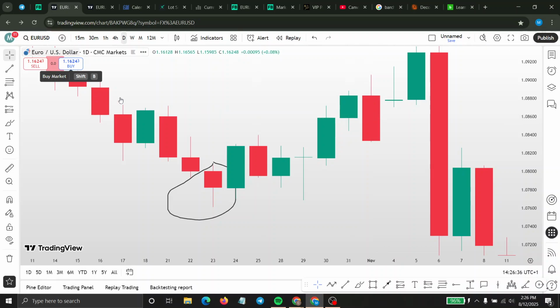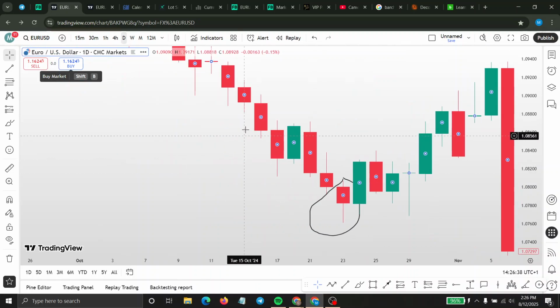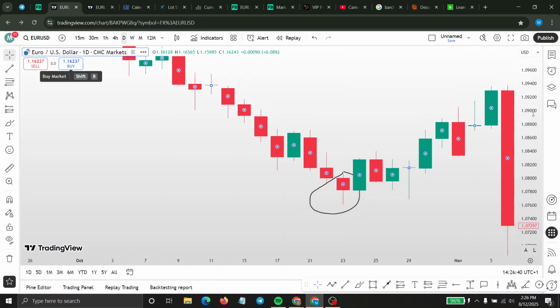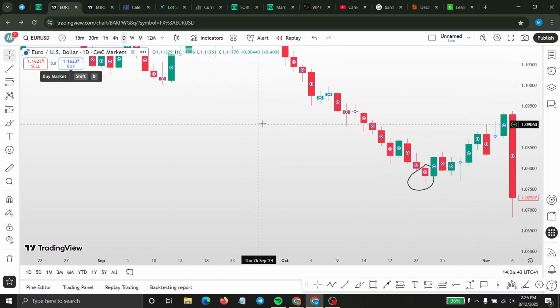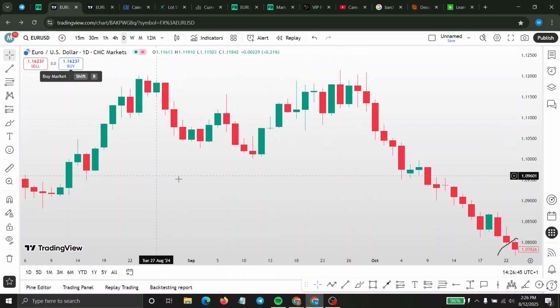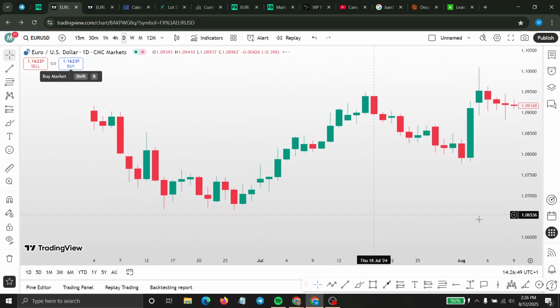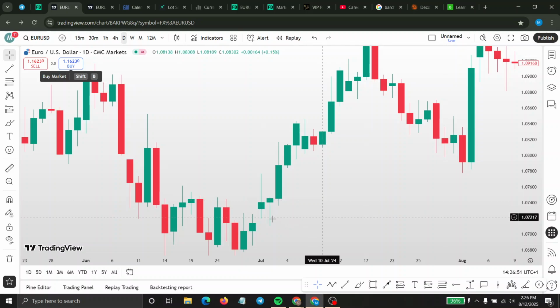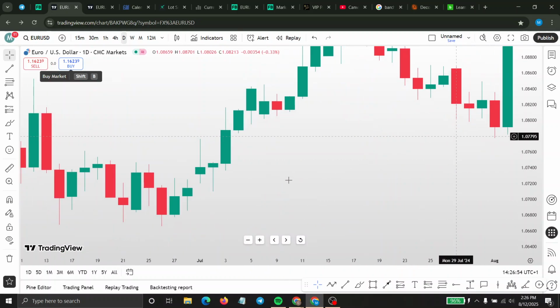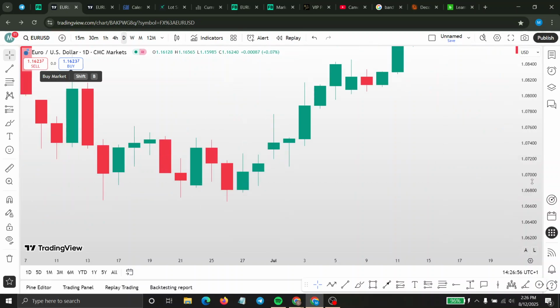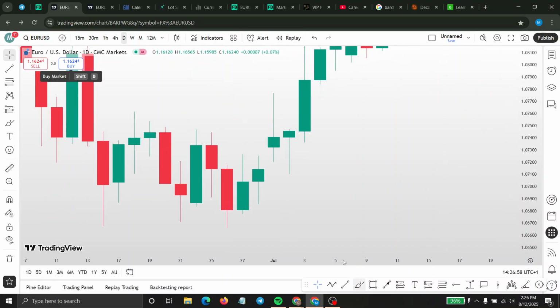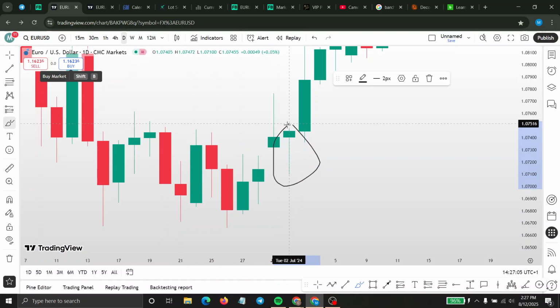Let's look at another example. Now look at another one again. Can you see it? Look at the wick rejection.